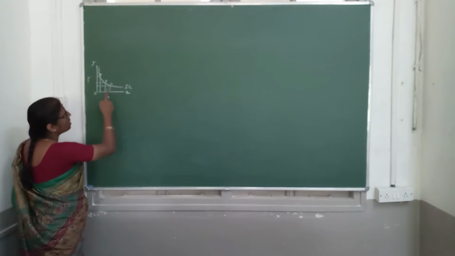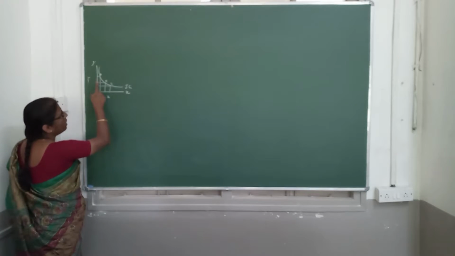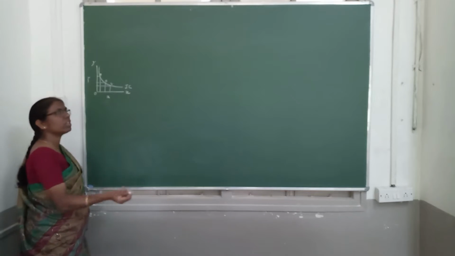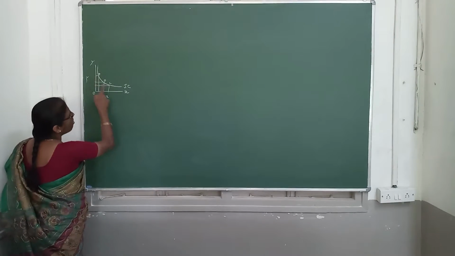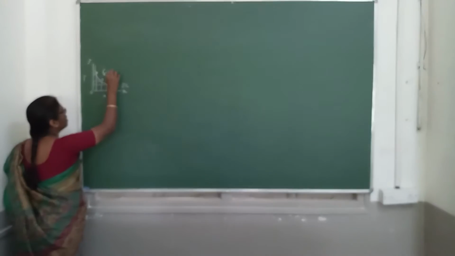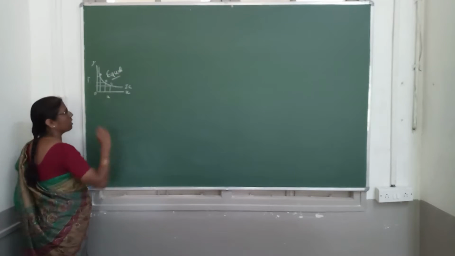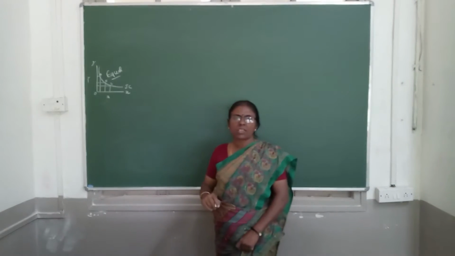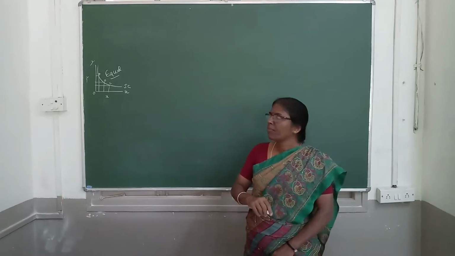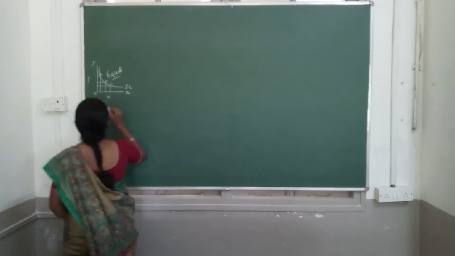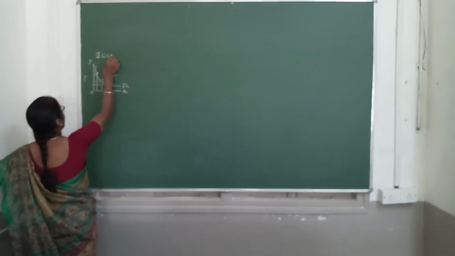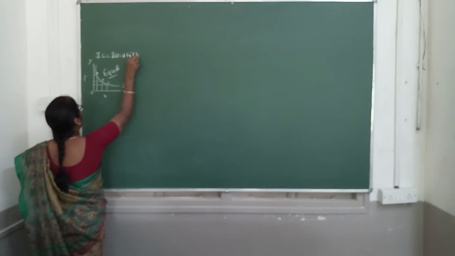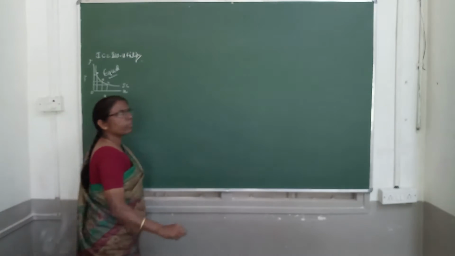So the indifference curve shows the different combinations of two commodities which the consumer consumes, and all the combinations give him what? An equal level of satisfaction. Therefore, the indifference curve is also known as the iso-utility curve.